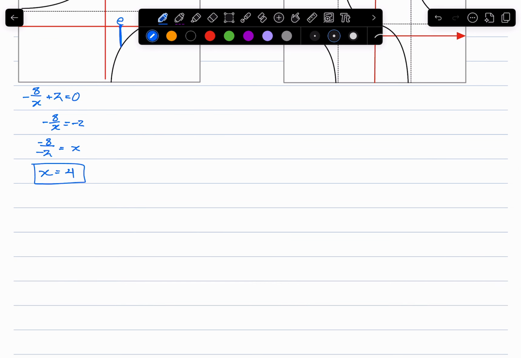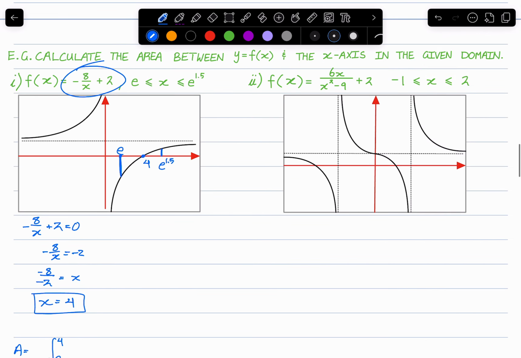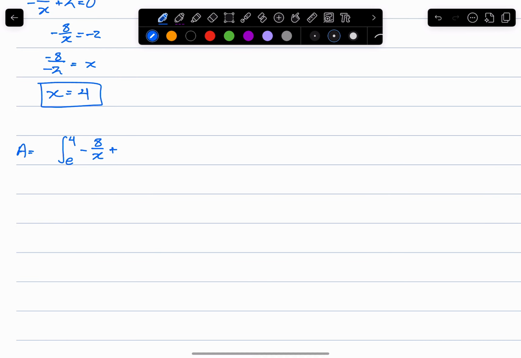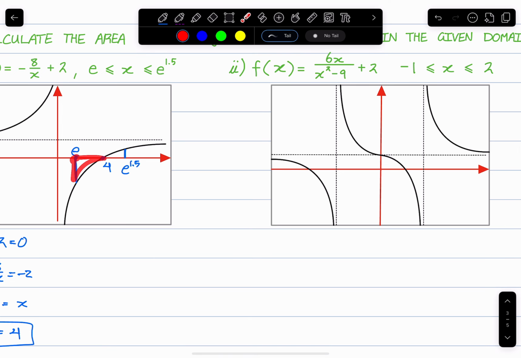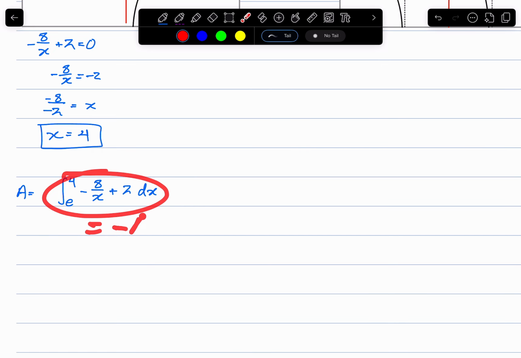So writing this out, our area will become: the first integral will be from e until 4 of our function, negative 8 on x plus 2, dx. But since this portion is below the x-axis, this will give us a negative definite integral. So this, we know, will give us a negative area.